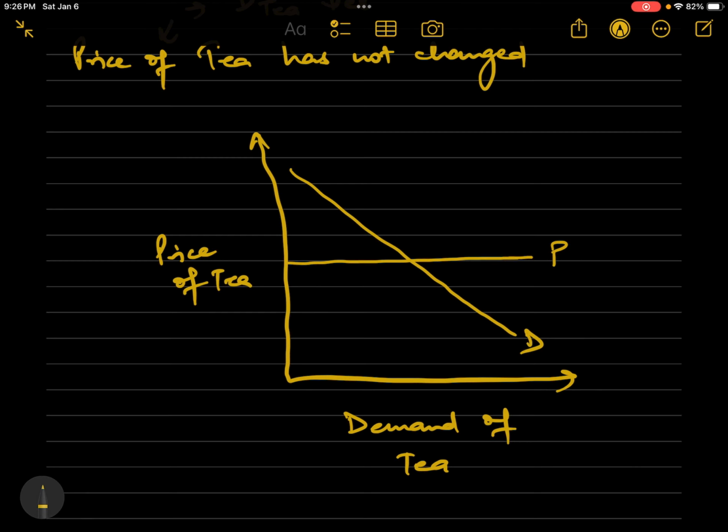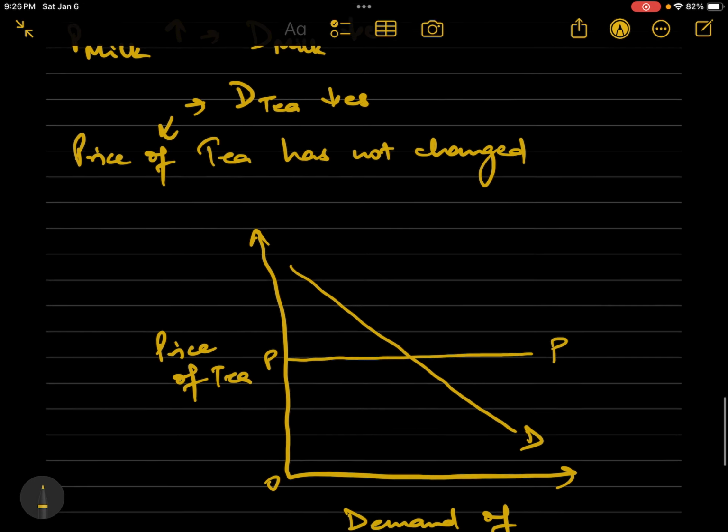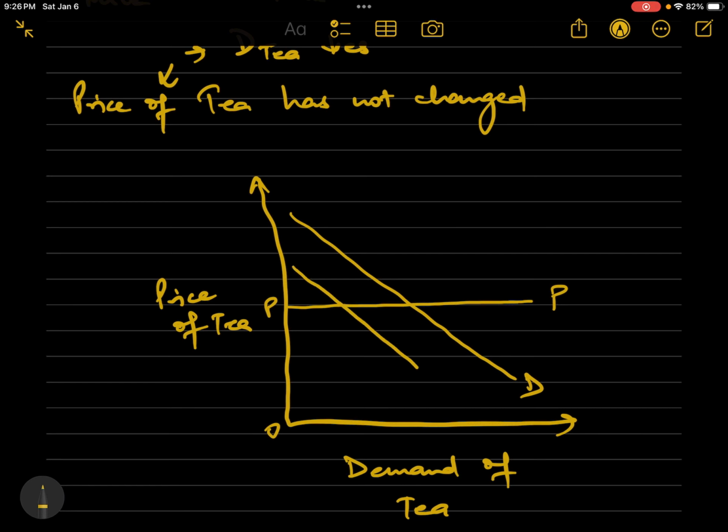But we can see that price of milk has increased, which has caused demand for tea to reduce. So it means your demand curve will shift to the left. So here also we can see that the increase in price of a complementary good has caused the demand curve of the given commodity, which is in our case tea, to shift to the left.